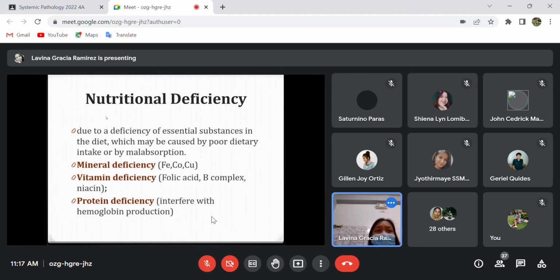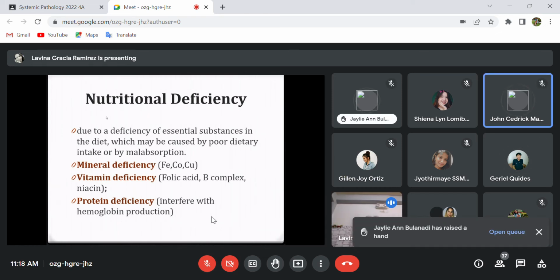So minerals, particularly, what is Fe? Iron, Doc. Okay, iron, very good. What about CO?